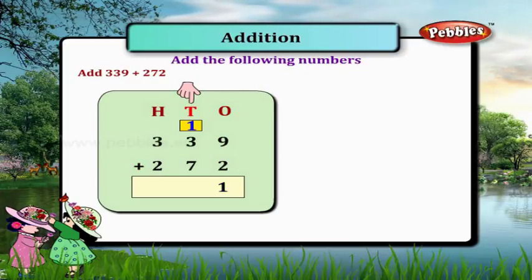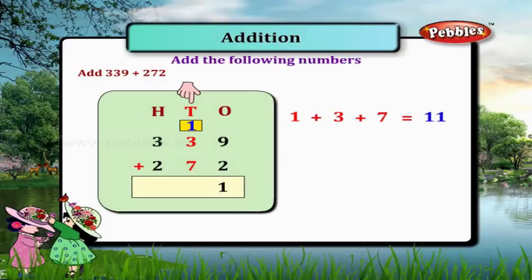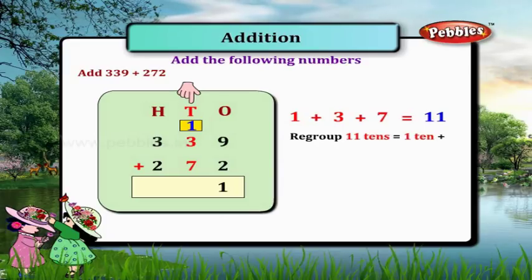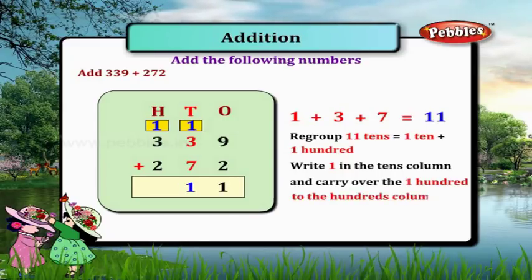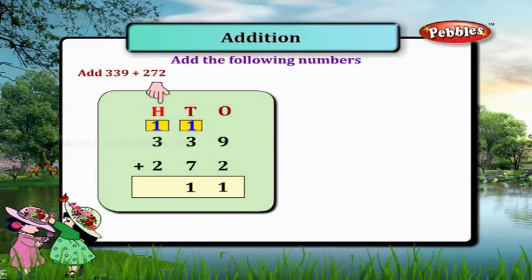Now add the tens. 1 plus 3 plus 7, which is equal to 11. Regroup 11 into 1 ten and 100. Write 1 in the tens column and carry over 100 to the hundreds column. Now add hundreds. 1 plus 3 plus 2 is equal to 6. Write 6 in the hundreds column.